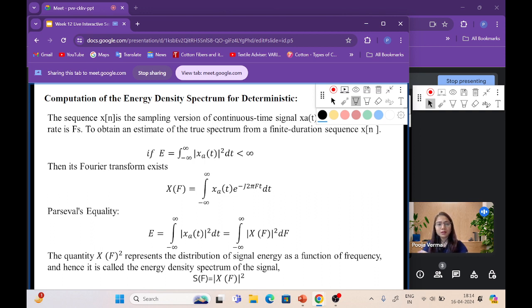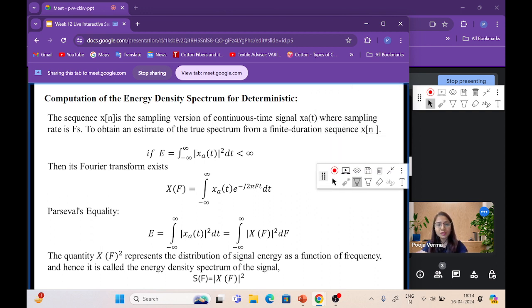Another topic of discussion is the computation of the energy density spectrum for deterministic signals. The sequence x of n is the sampled version of a continuous-time signal xa of t, where the sampling rate is f of s.